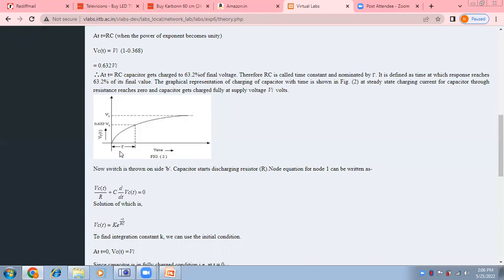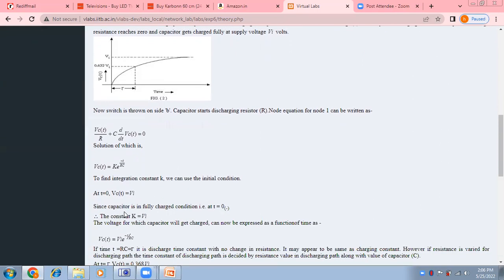Now the switch is thrown to side B, so the capacitor starts discharging through R. Now the node equation for node 1 can be written as Vc(t) by R plus C d/dt of Vc(t) equal to 0. The solution of this gives us Vc(t) equal to k e power minus t by tau.